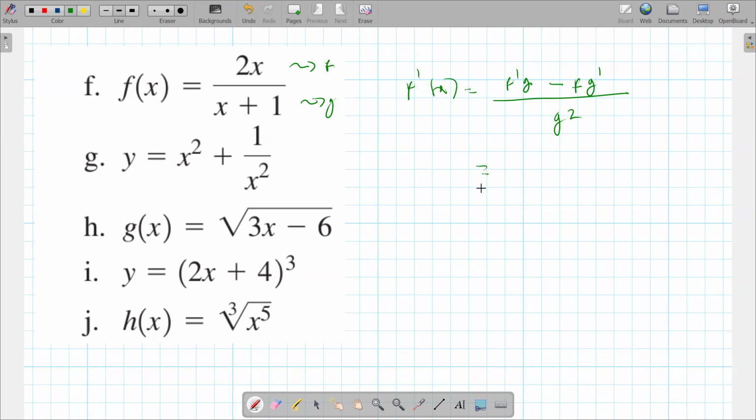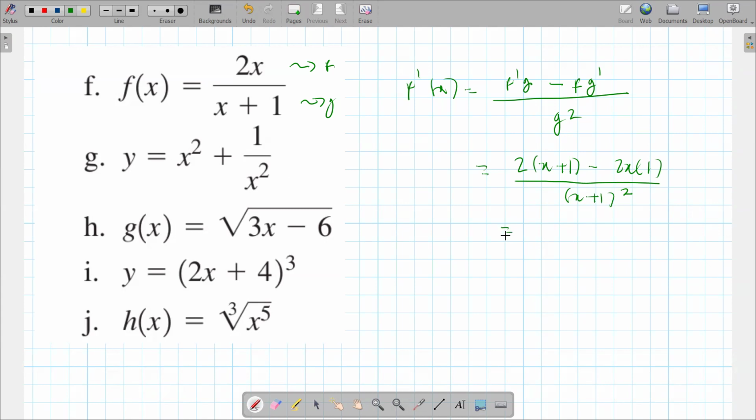Two times x plus 1. Yes. Minus 2x times what? g prime is just 1. The derivative of x plus 1, well, plus 1 is a 0. The derivative of x is a 1. So all over g squared, so all over x plus 1 squared.